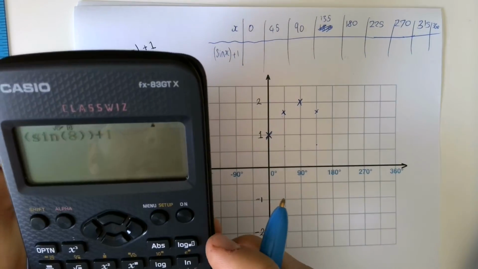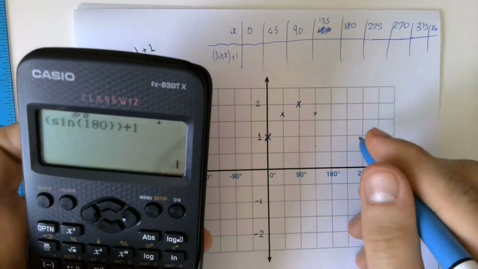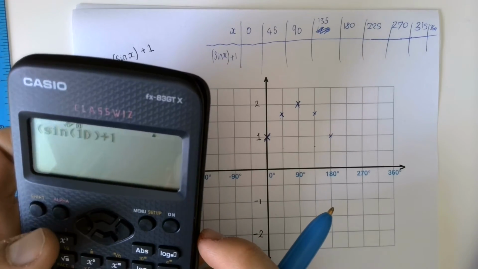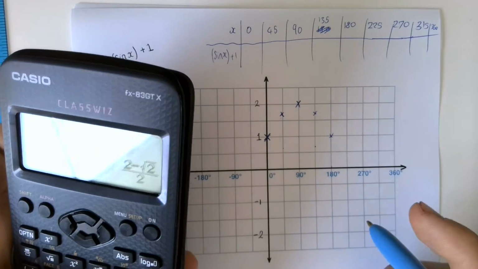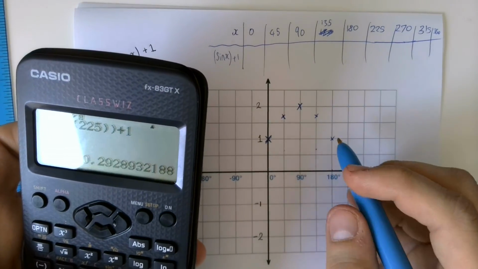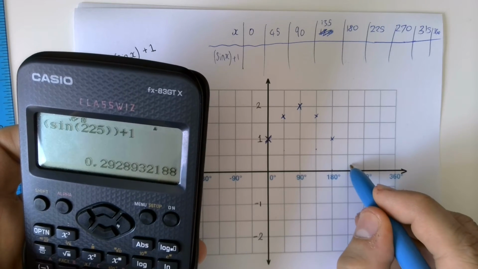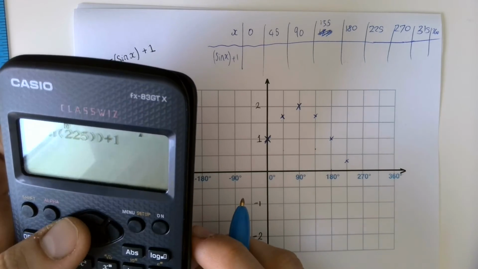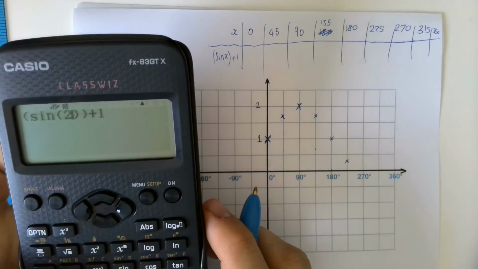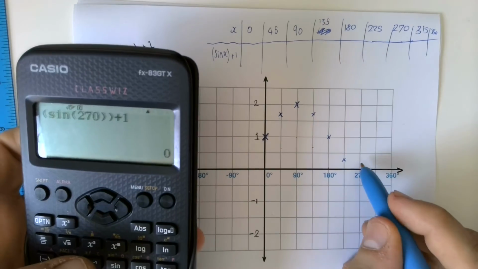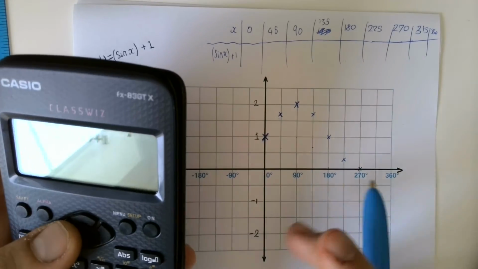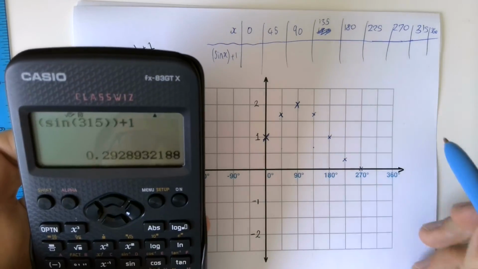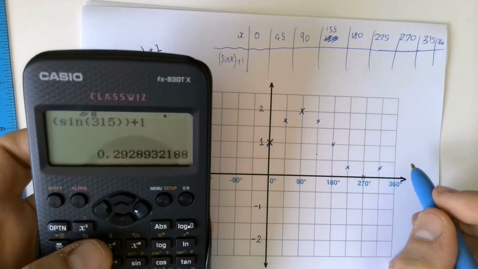Sine 180 plus 1 is 1. Sine 225 plus 1 gives me 0.29, so that is going to be, let's say, about there. Sine 270 plus 1 gives me 0. Sine 315 plus 1 gives me 0.29, and so on again.